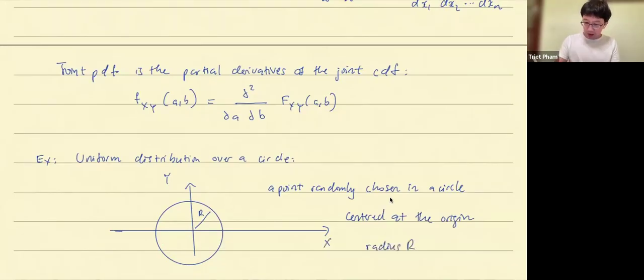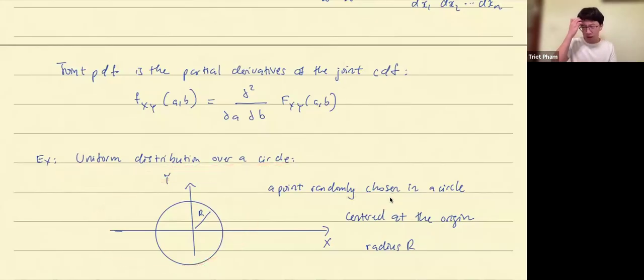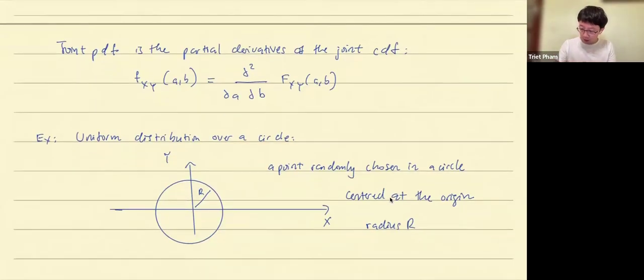We discussed that randomly chosen can have different meanings. Here, in the sense of the joint distribution, the default sense of randomly chosen is area-wise.